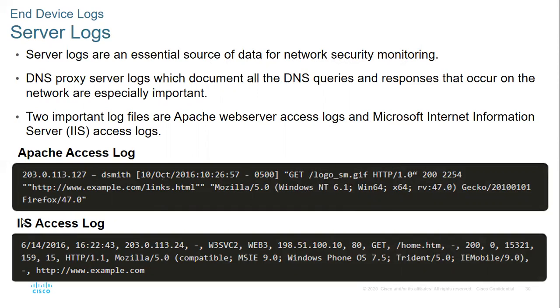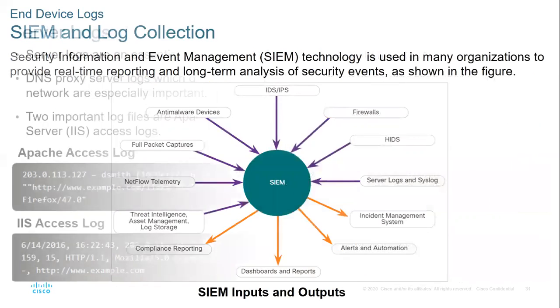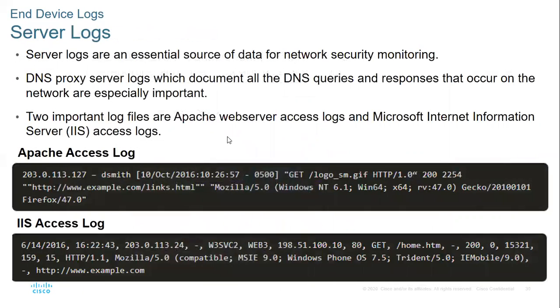And then we have the IIS access log. Of course, this is Windows Server. So if you see with Apache, it starts with the IP address, but for Windows servers, they will start with the date. All right.